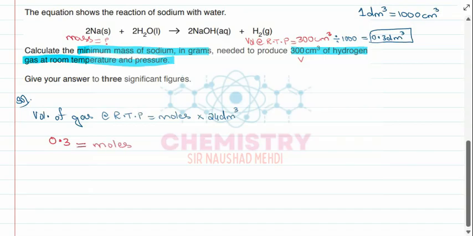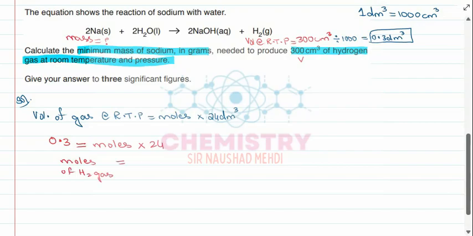I do not have the moles of the hydrogen gas, right? So I want to know the moles of hydrogen gas. What is the mole of hydrogen gas? Multiplied by 24 dm³. So 24 will go on that side, and this will give you the answer for the moles of hydrogen gas.